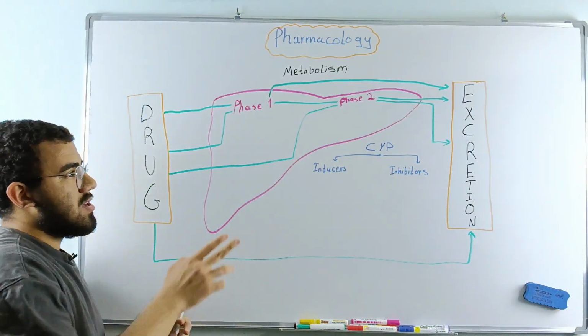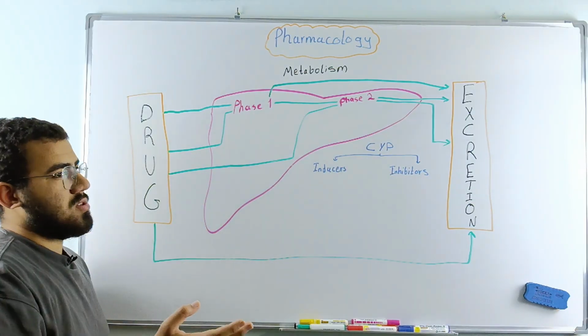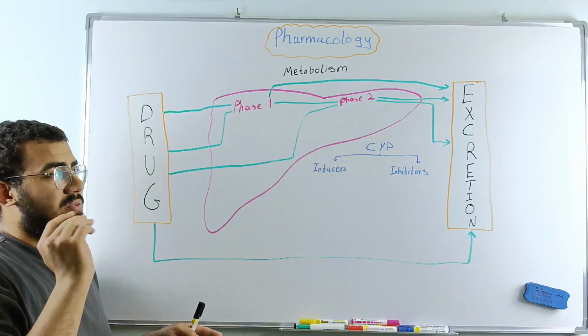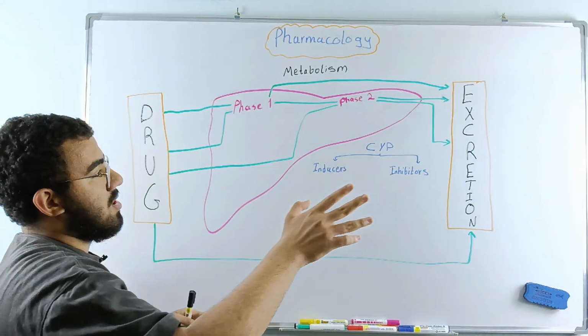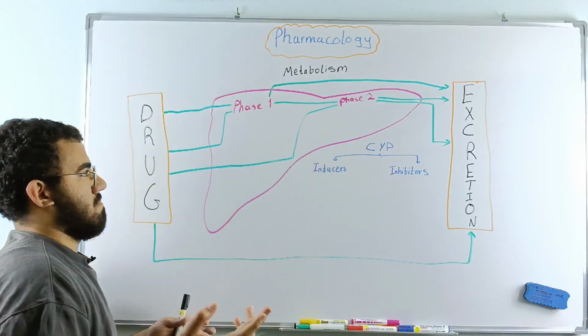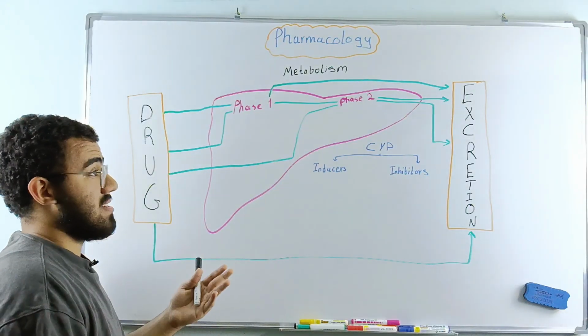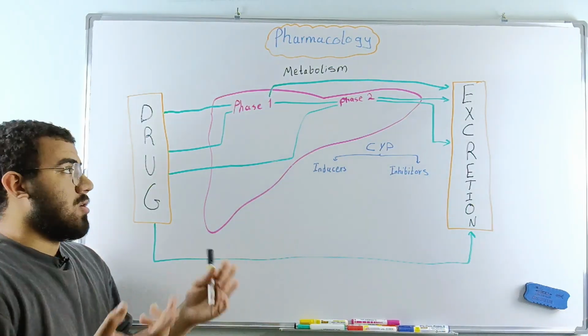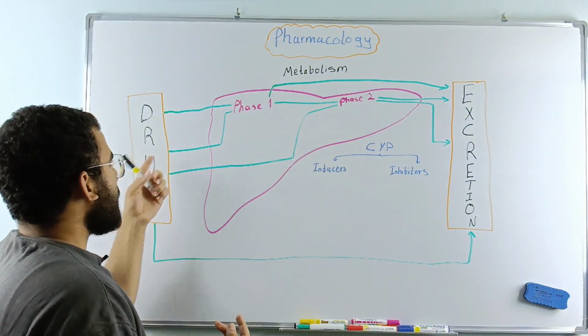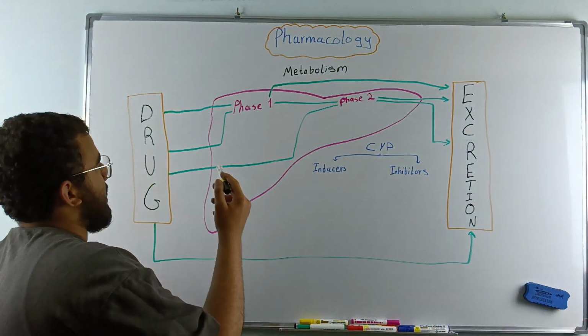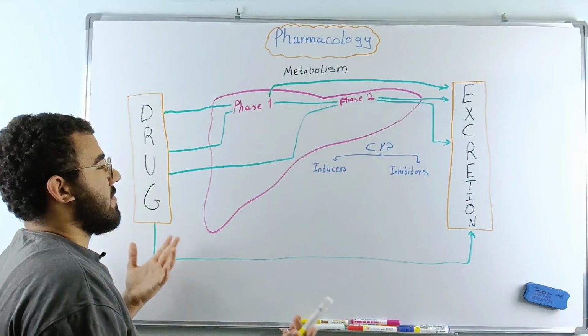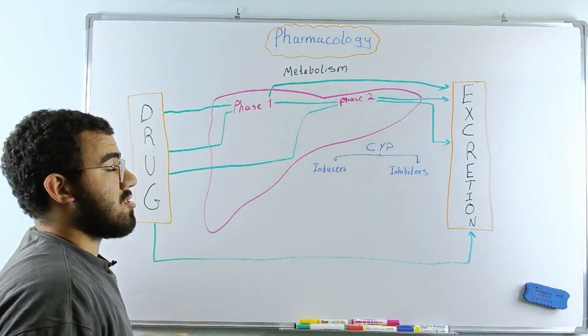We're going to look at the order of which one is first. Does it always go through phase one, then phase two, then gets excreted? Does it sometimes skip one of the two phases and then gets excreted? We're going to get through that. But first, let's go one by one and define phase one and phase two metabolism.